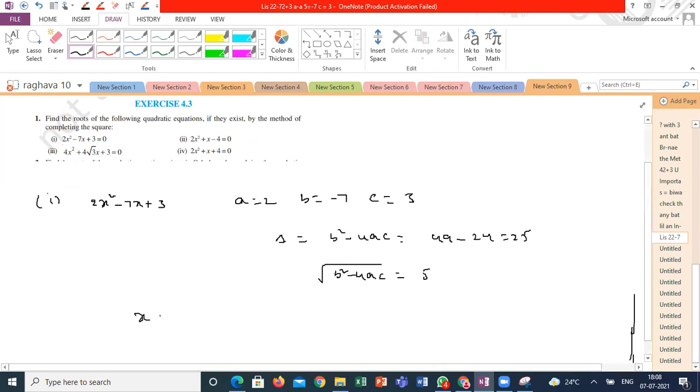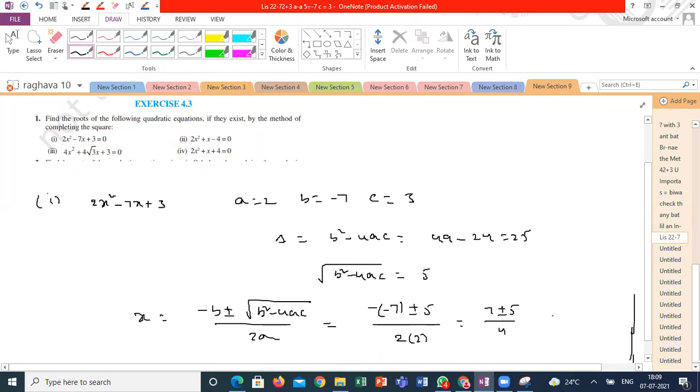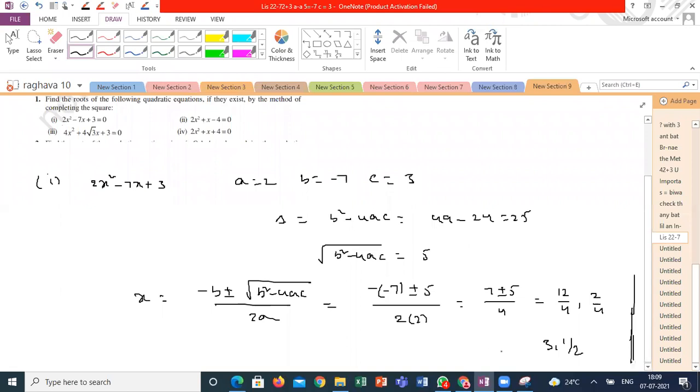So here the x values are minus b plus or minus square root of b square minus 4ac by 2a. Minus of minus 7 plus or minus 5 divided by 2 into 2. This is 7 plus or minus 5 by 4. The answer is 12 by 4 comma 2 by 4, that is 3 comma 1 by 2. The x value is 3 or 1 by 2.